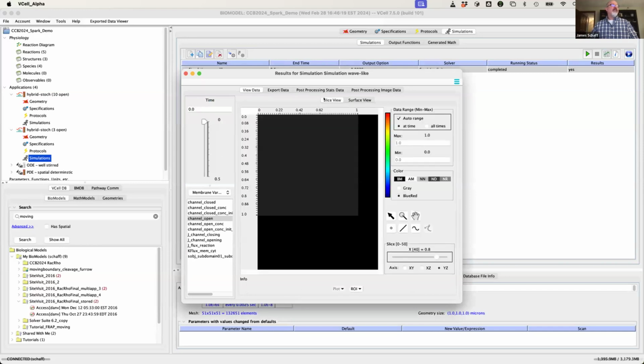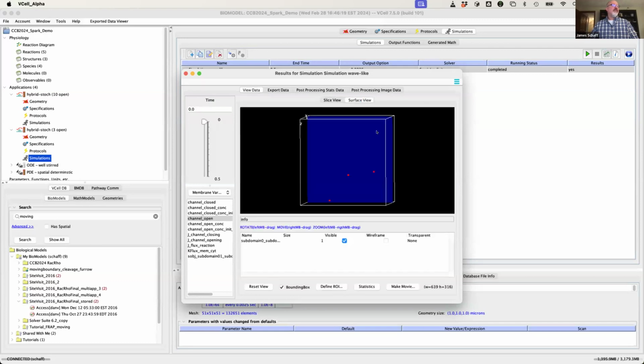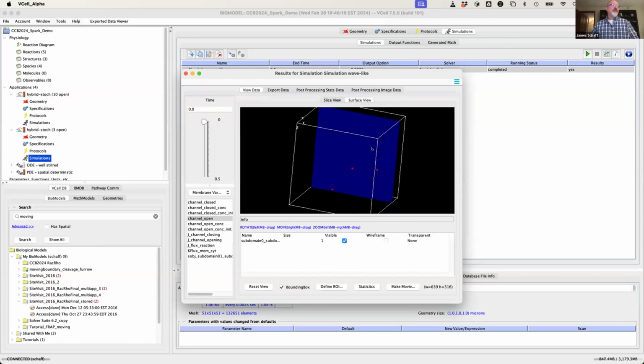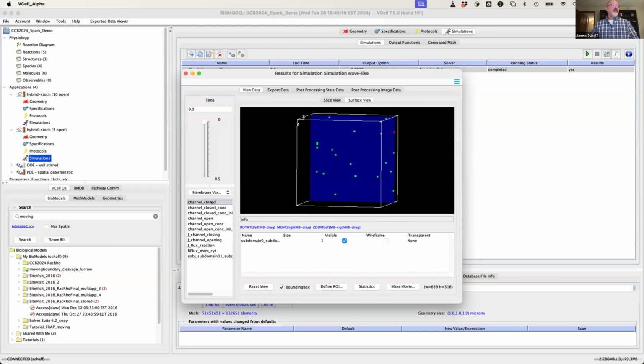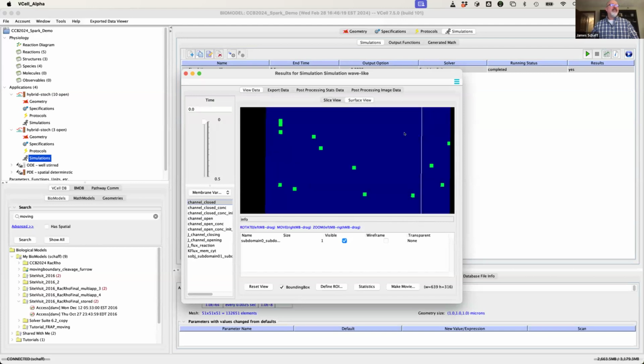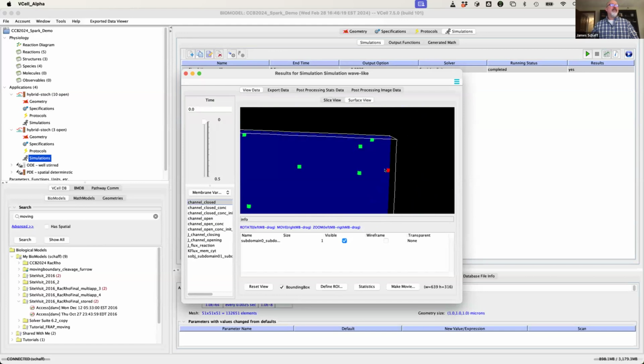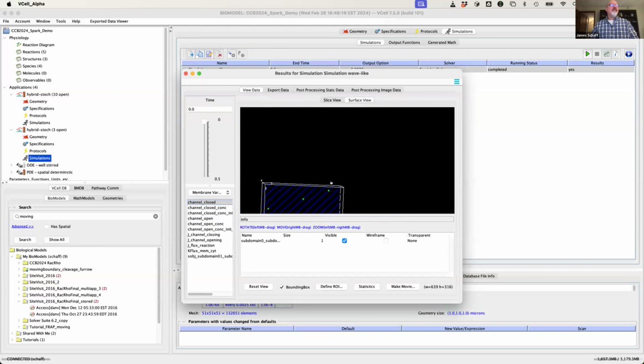So there's 2 different views. There's a slice view, or for surfaces, you can make a surface view as a very crude surface render, but it does the trick. So if you're looking at membrane things like the open channels and the closed channels, at time 0, these are the closed channels. They're all the green ones only have 1 molecule, and by coincidence, right here, there's 2 molecules in the same bin.